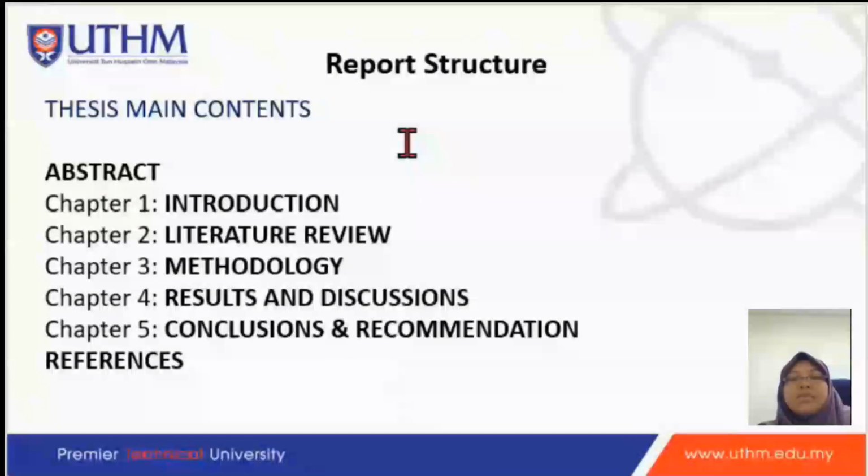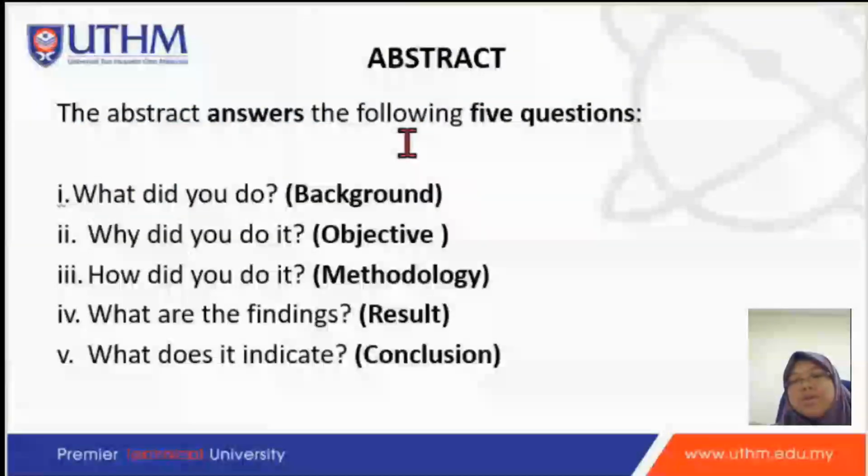Alright, so the abstract in a thesis should be a single page summarizing the background, problem statement, objectives, methodology, results, and conclusions. To write a good abstract in a thesis, you must follow this rule, answering these 5 questions.